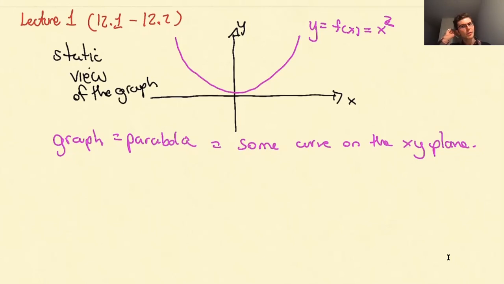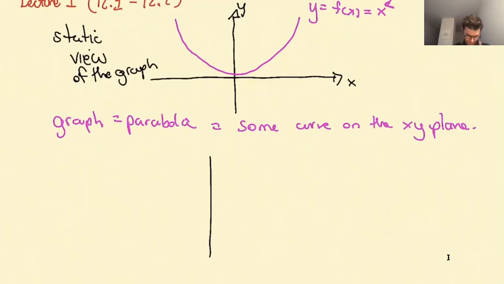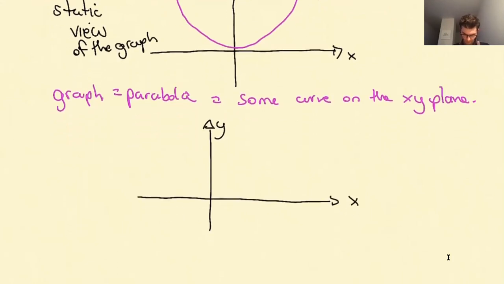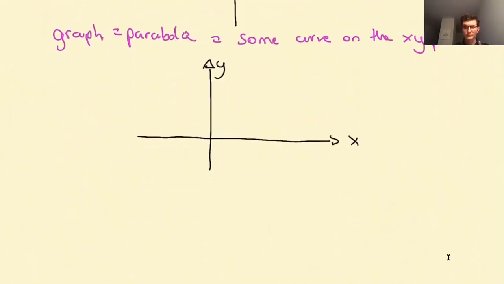Now, here is a more dynamic view of the same graph. Imagine that you have a particle, like a point, like a ball, a really small ball, so it looks just like a dot, okay?